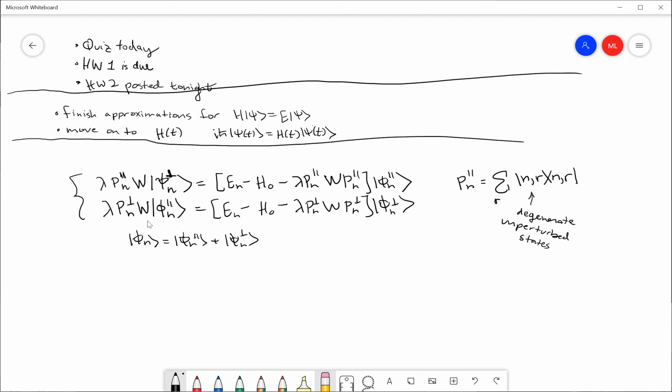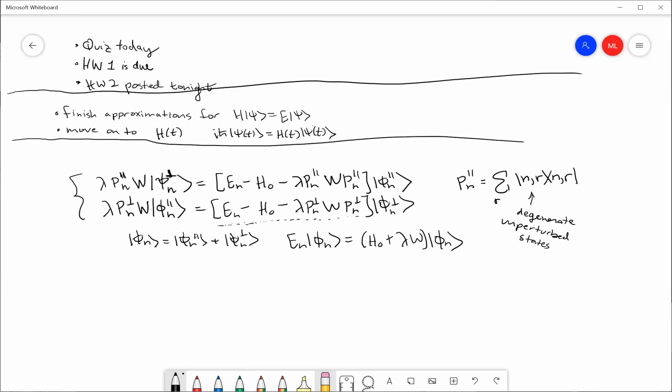And we're just expanding the eigenvalue equation, right? The En phi n is H naught plus lambda W phi n. So that's where those two equations come from, but they're handy because if you're away from the degenerate subspace, then this operator here is invertible.